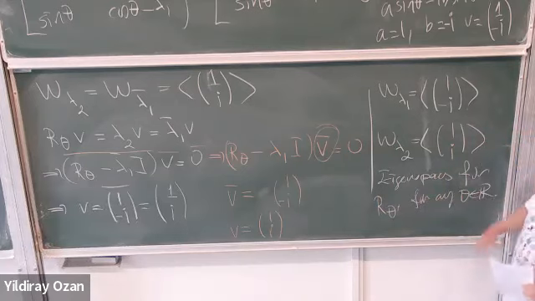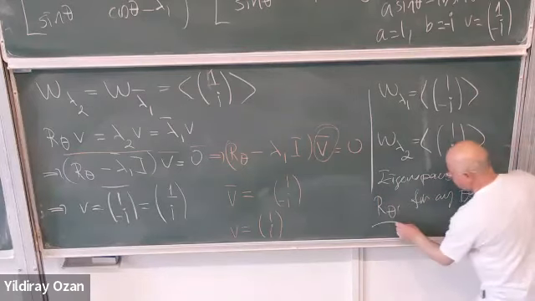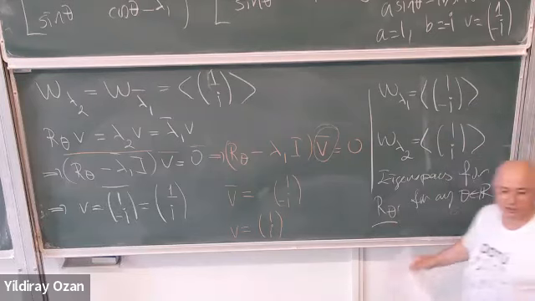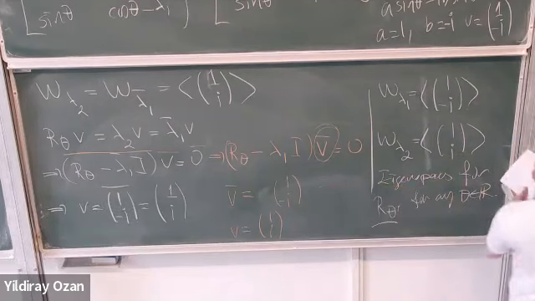This means that I have found a basis, and in that basis, all these rotation matrices are diagonalizing. There is no theta in the basis. It works for all of them.